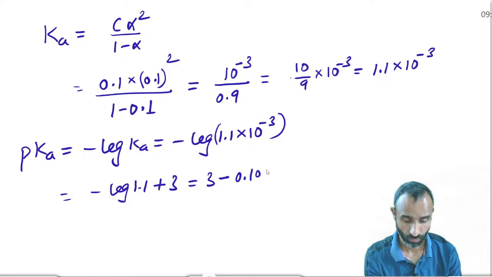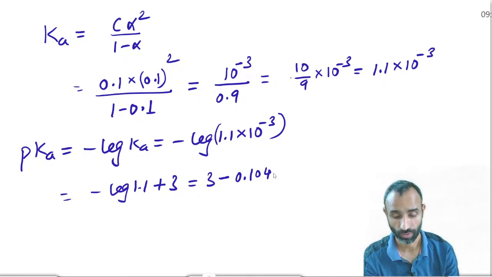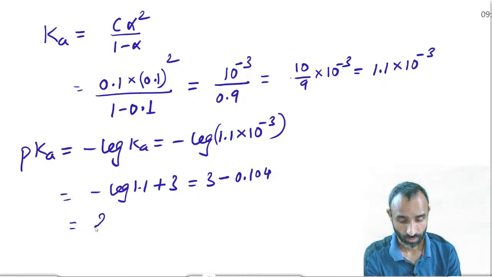So log 1.1 is 0.104, right? So it is very close to 2.9. So this is pKa.